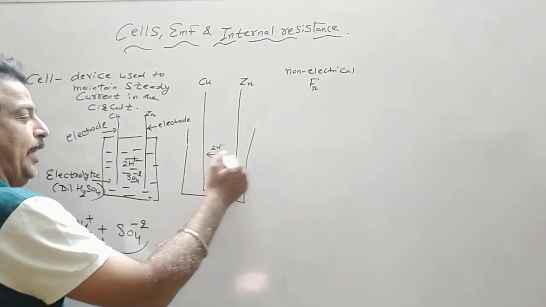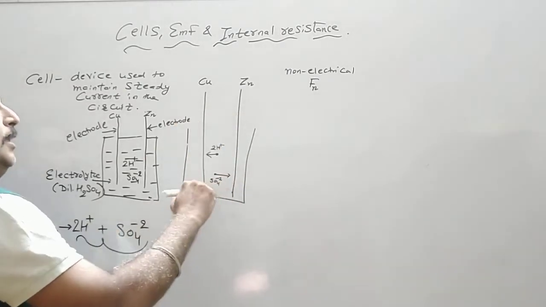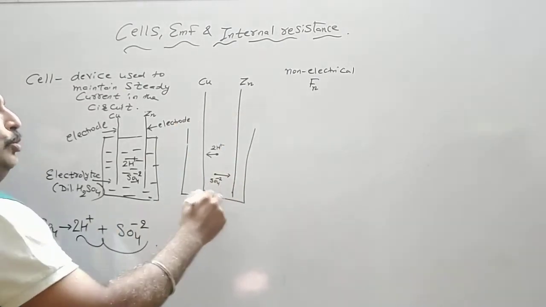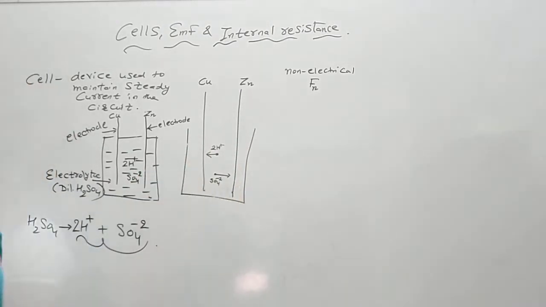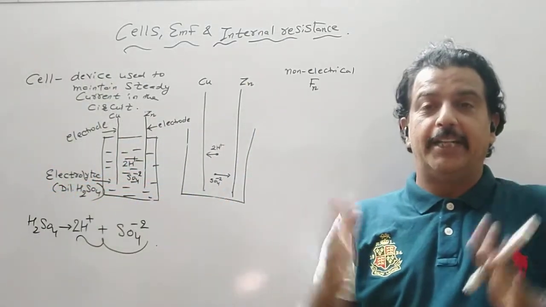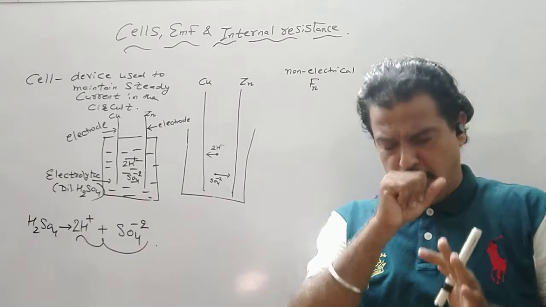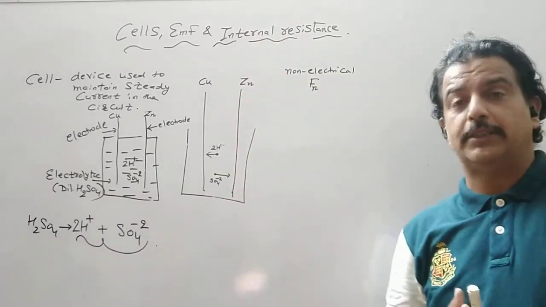So here the non-electrical force is in this direction from zinc to copper on H plus, and for SO4 minus 2 this non-electrical force has a direction from copper to zinc. So this is the motion of the ions that starts as soon as the electrodes are immersed.